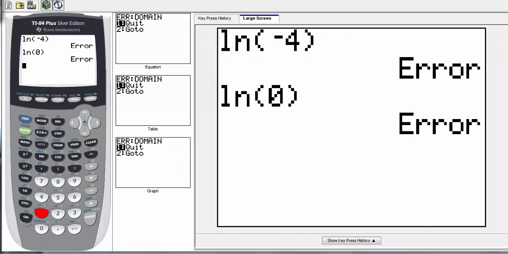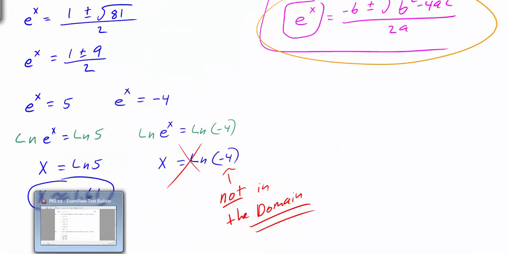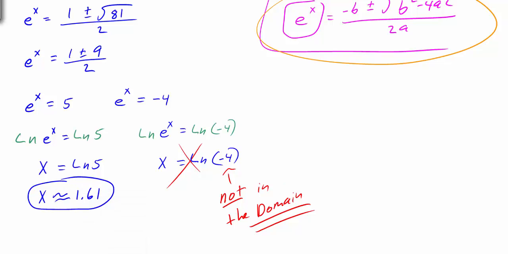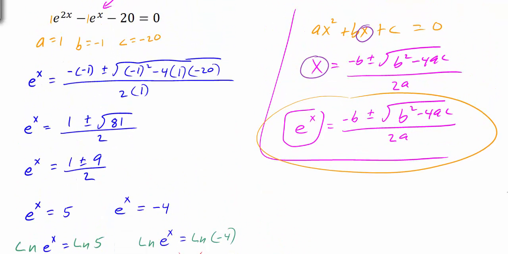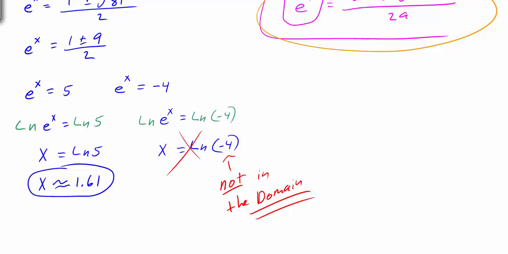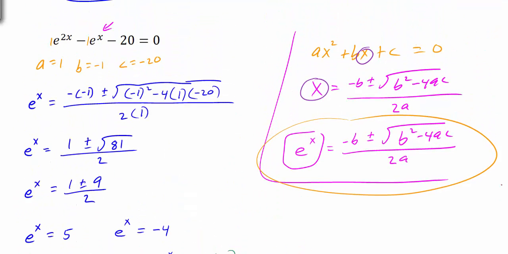Okay, so here you need to be careful. It looks like we're going to have possibly 2 answers, but we really only end up with 1 answer, which is the 1.61 for this equation here.